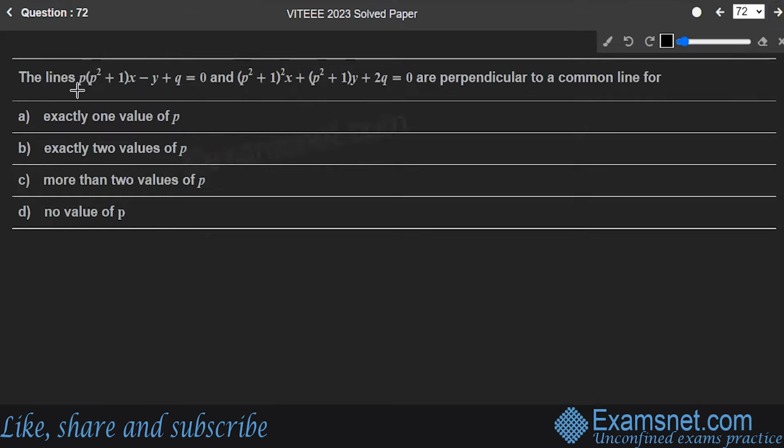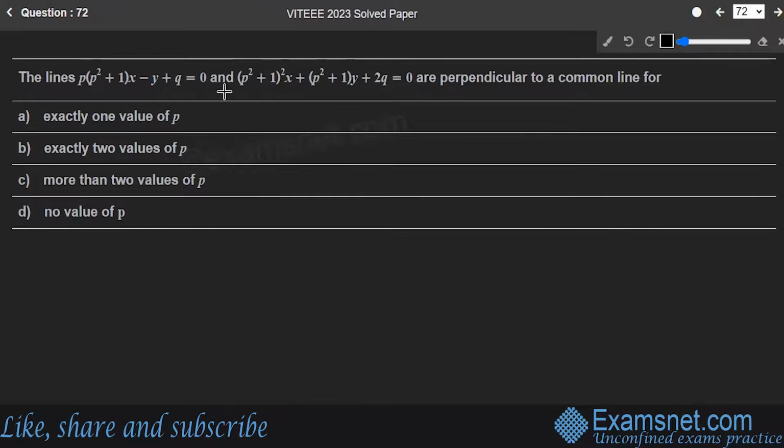The lines p into p square plus 1 x minus y plus q is equal to 0, and this line, are perpendicular to a common line for exactly one value of p, exactly two values, more than two values, or no value of p. Fine.